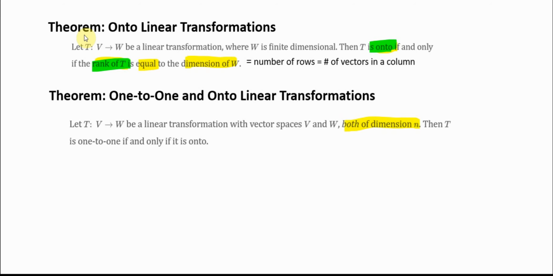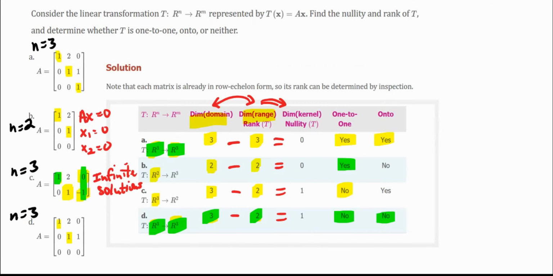So if the rank is equal to that, so we get here the rank for this one is equal to 2, right? So you come back and you look at this matrix, and we say, hey man, something is fishy, right? Because n is equal to 3. And that, I think I put that backwards, and I apologize.